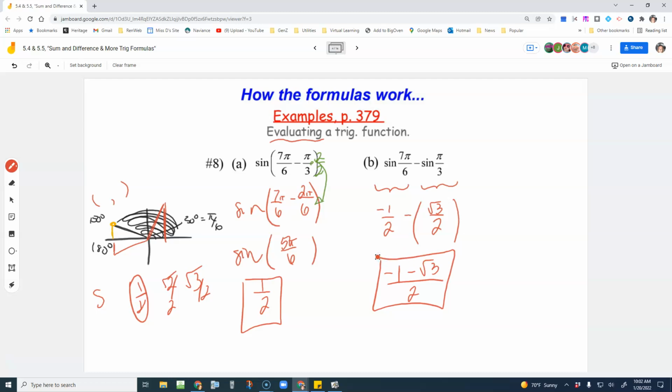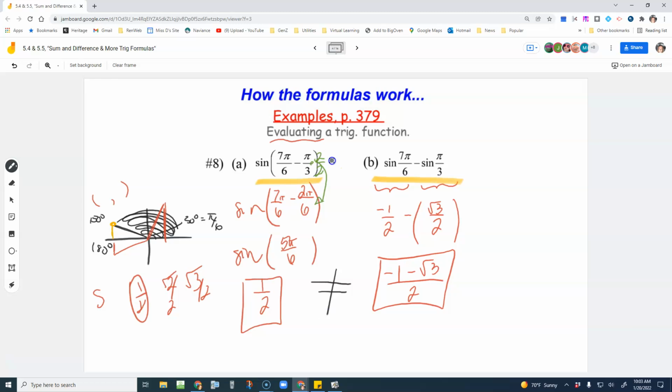Why did section 5.4 and 5.5 just have me answering unit circle questions? Look at the screen and look at the two problems together. You would think they're the same thing, but are they? No. Absolutely not.